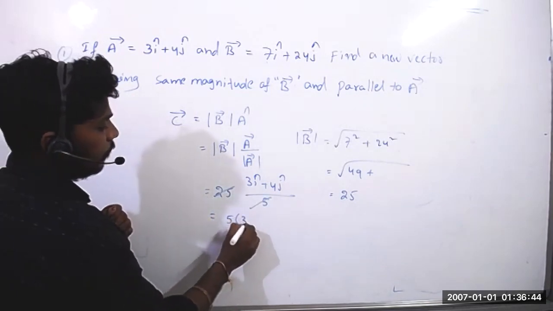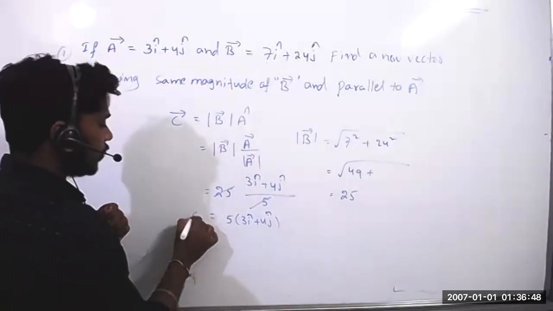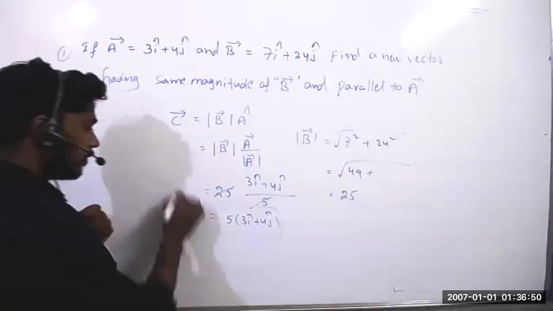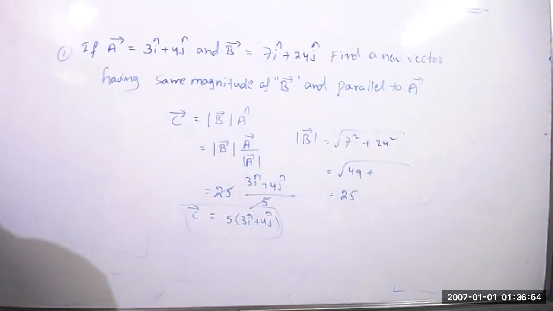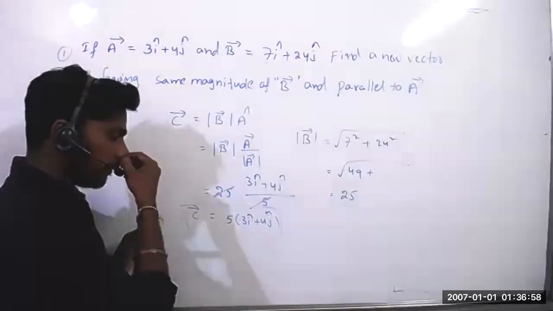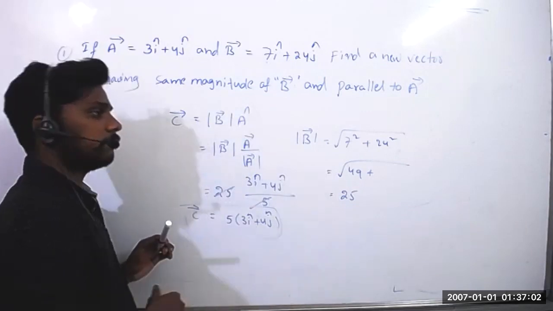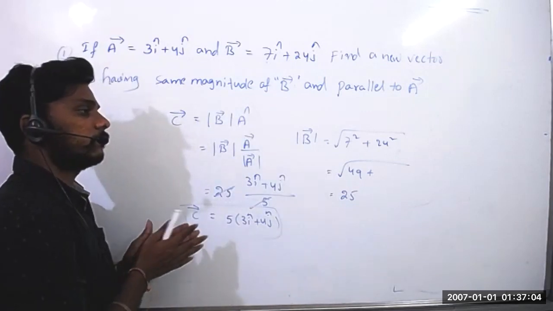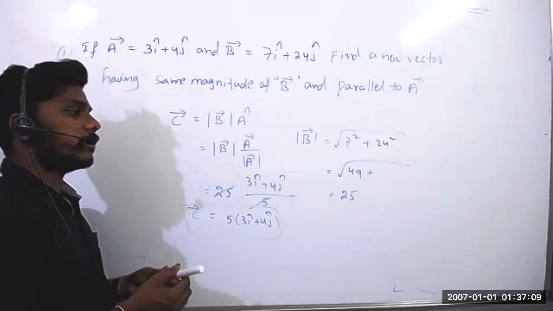Yes. 5 into 3i cap plus 4j cap, that is only C bar. Am I clear? If you want to multiply, no problem. What will happen if you multiply a vector with a scalar? Magnitude will change, direction won't change. Clear?